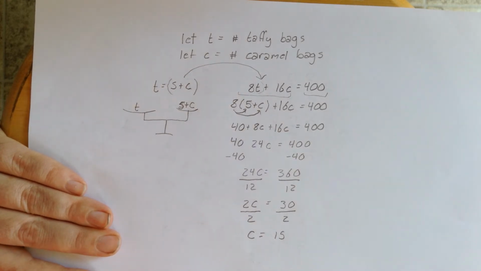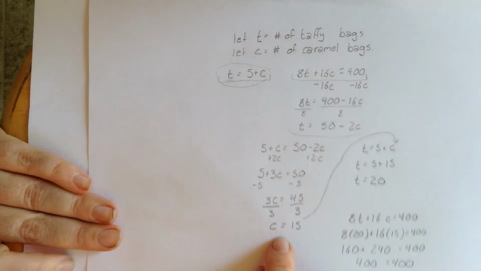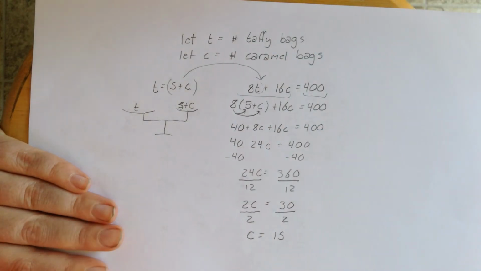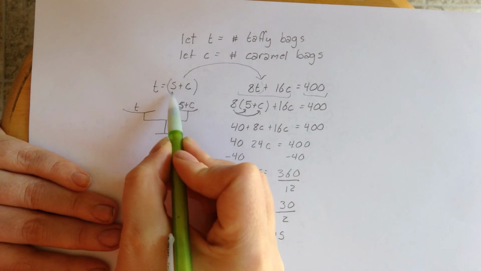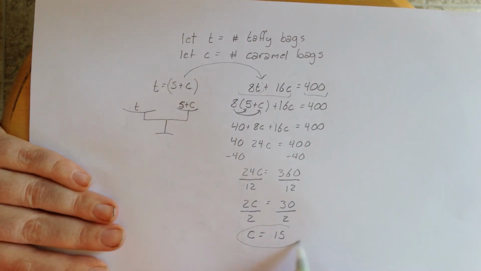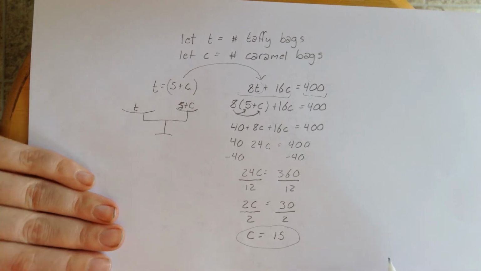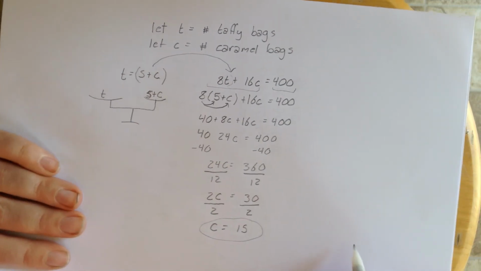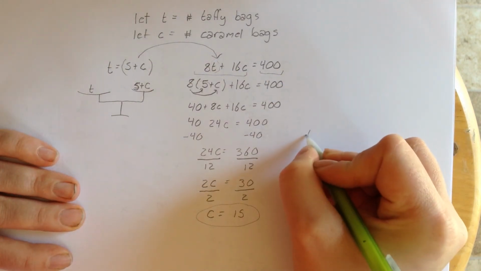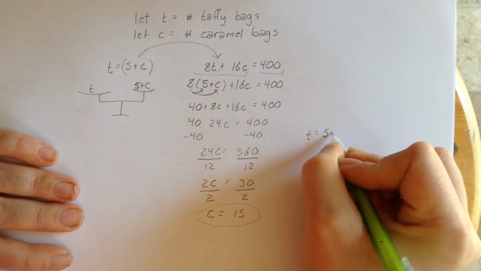And that, if we go back and look, was the same value that I got for c after doing all of this simplification work. So just by substituting for one of my variables, I was able to identify one of my variables much more quickly. And then I can go and do the same thing. I can test my c in one of my original equations. T equals 5 plus c.